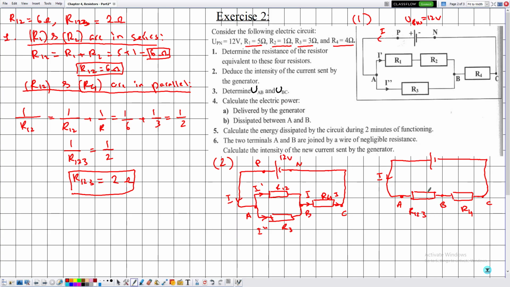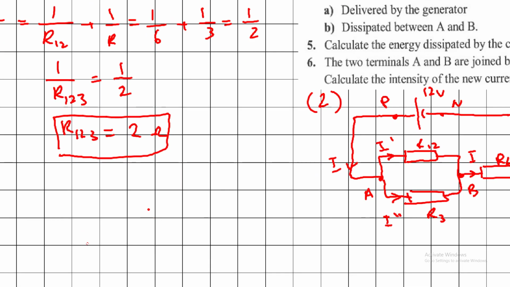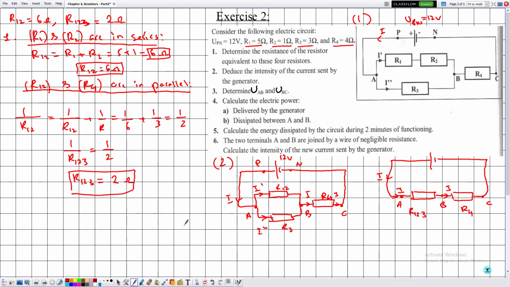I wanted also to stress on the fact that if you have a component and the first terminal is being traversed by a current I, then for sure the other terminal is being traversed by a current I. So the current I is the same for both terminals of any electric component. Now this is the electric circuit 3. This is the point P, this is the point N, and this is UPN is equal to 12 volts.